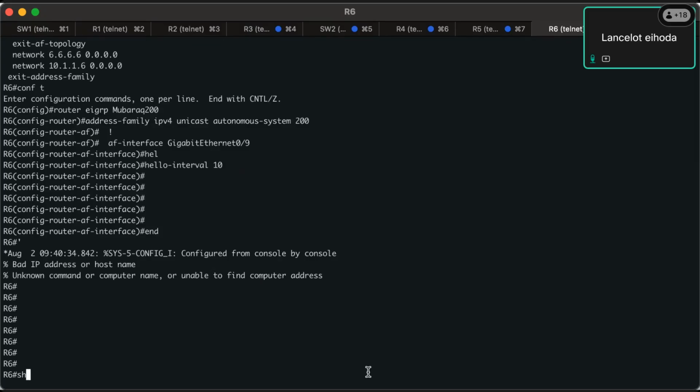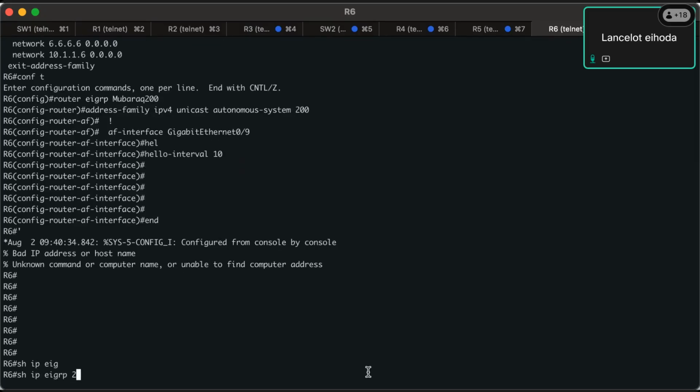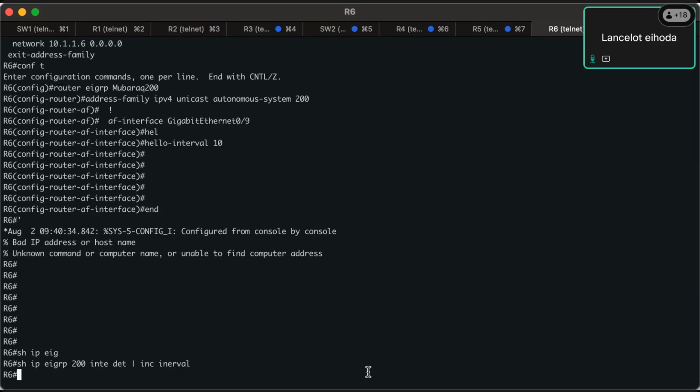So let's confirm: show ip eigrp 200 interface detail | include interval. There's a spelling error. No spelling error.